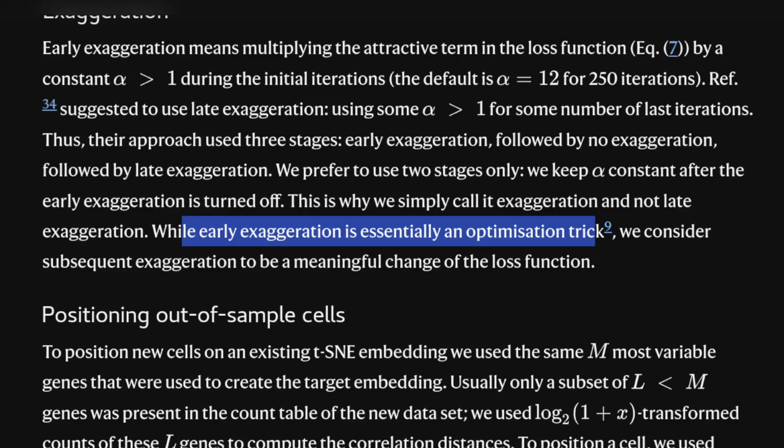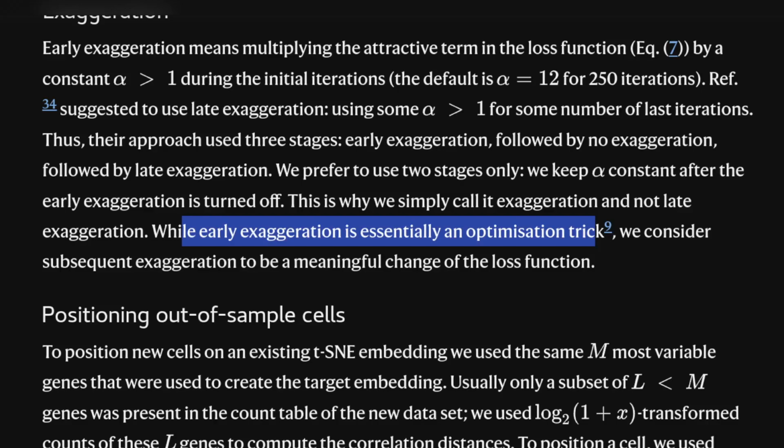Belkina, A. C. et al. Automated Optimized Parameters for T-Distributed Stochastic Neighbor Embedding Improve Visualization and Allow Analysis of Large Datasets. Nat Commun, https://doi.org/10.1038/s41467-019-13055-y, 2019.